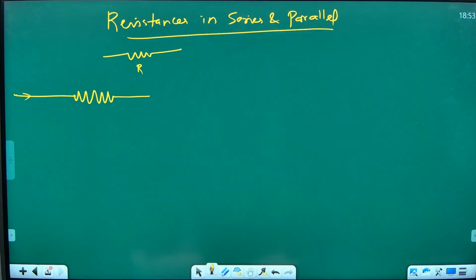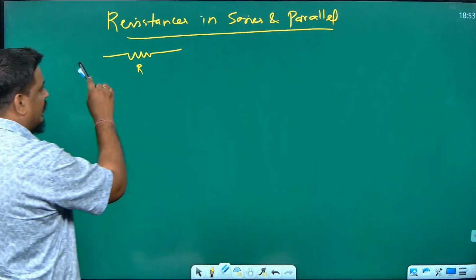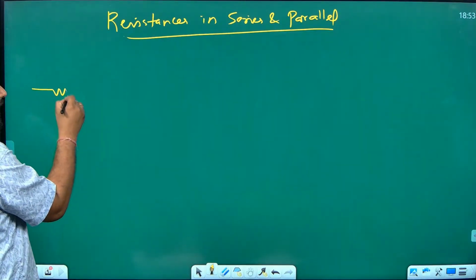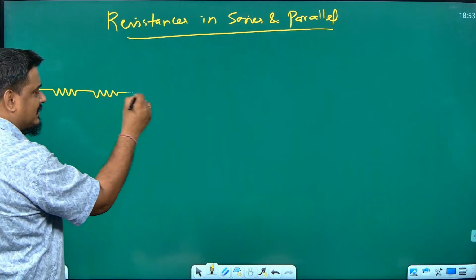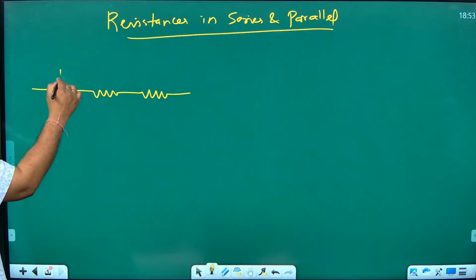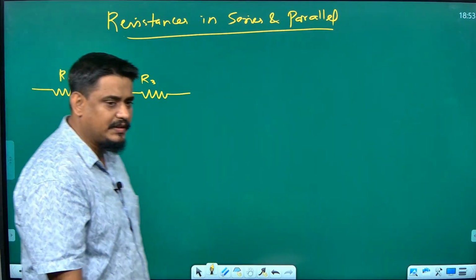Okay. So, there are two kinds of connection we give to resistance. One is called as series connection, where we are going to add resistance like this in series. Let me assume R1, R2, R3.